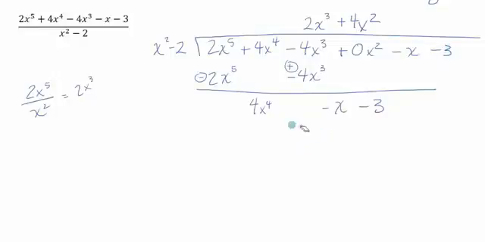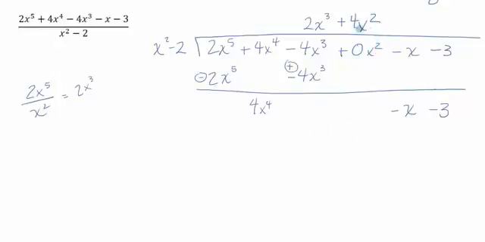Okay, that means we're going to shift everything. I waited till now so that you see that there's a need for that. So next time when you start out dividing and you see that we have a missing term, one of our exponents was skipped, just make sure you put a placeholder, a 0x squared.